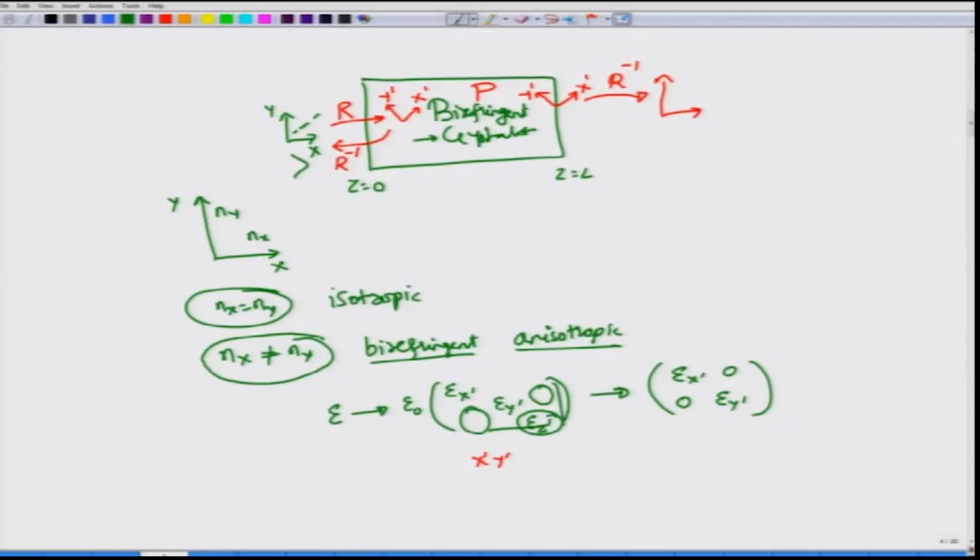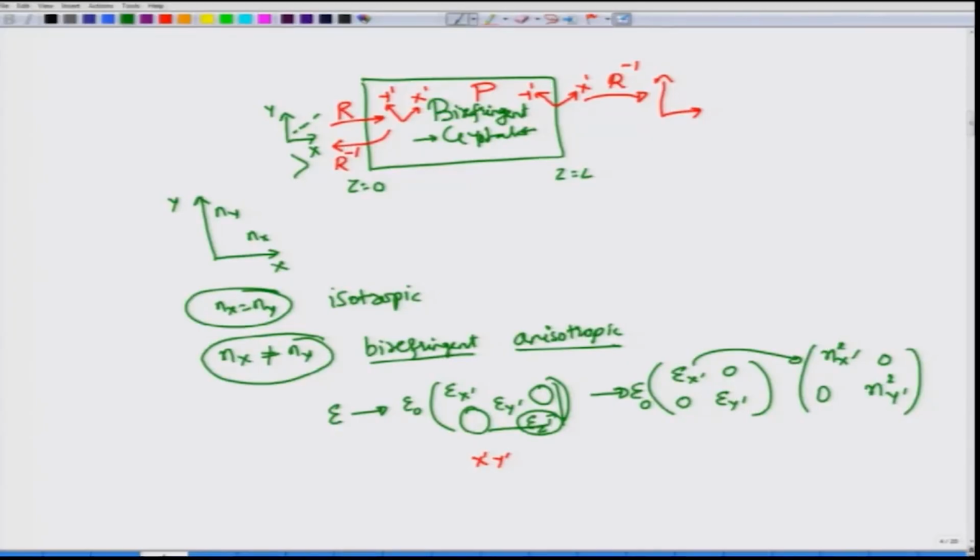What we usually think of as epsilon, a simple material constant in our usual courses, actually turns out not to be a constant, but rather a more general quantity called a tensor, and in the context of birefringent materials, this tensor can be represented in matrix form in this fashion. And of course, epsilon x prime is actually n x prime squared, because the relative permittivity is given by the square of the refractive index.